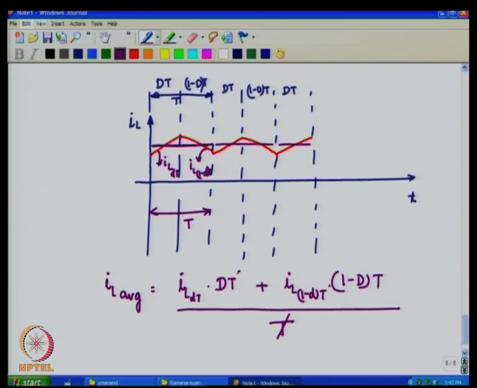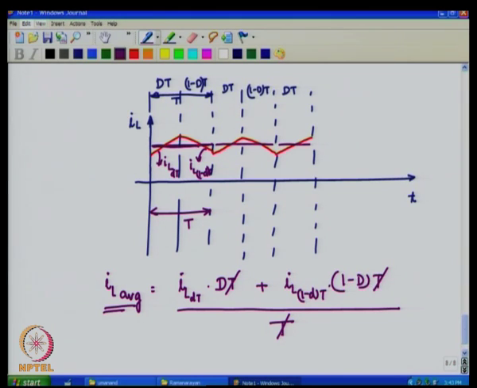So, therefore, we obtain IL during dt into d, plus IL of the state into 1 minus d. That would become the average value of the state during one time period t, and that is this value.